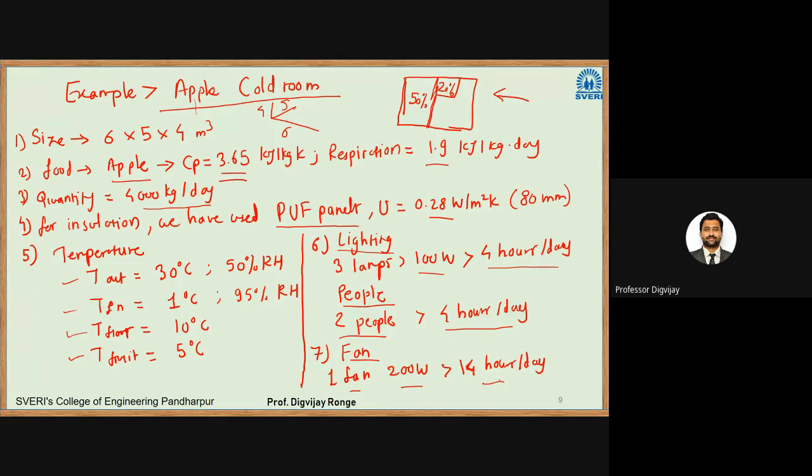I told you in the last lecture that these cold storages don't operate for 24 hours per day. They operate for 12 to 14 hours per day, and in the night time, when the solar load is not there, they shut down the refrigeration system. So in our case, we assume that this system is working for 14 hours per day.